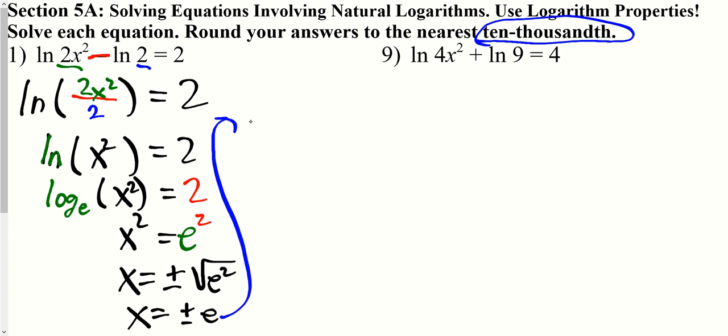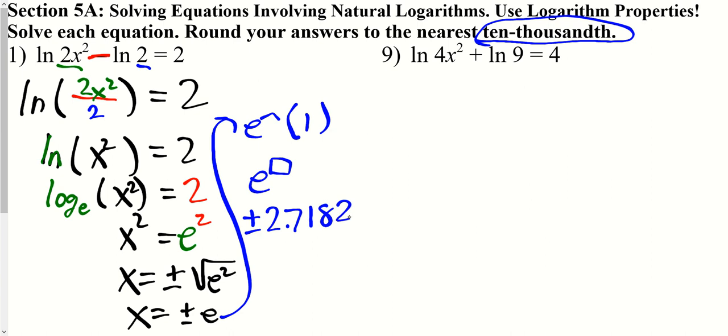Because you're dealing with e, remember you have to go second ln, which gives you an e, and it might give you something like this, or it might give you something like this, and then you just type in 1 and hit enter. When you do that, typing that into your calculator, you would get plus or minus 2.7182.